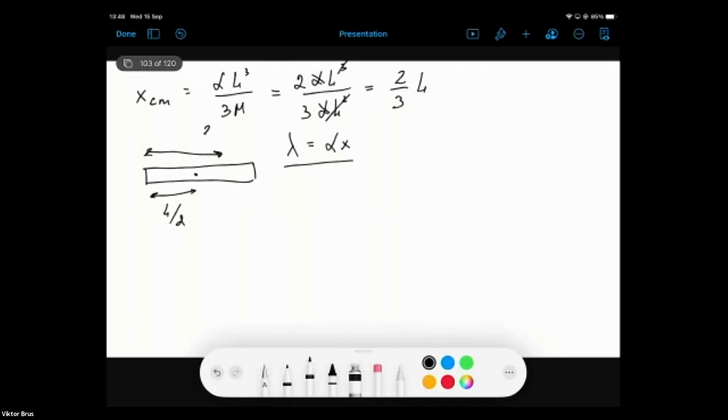It will be 2/3 of total length L, because more mass will be located in this part, further from the origin of the axis X.